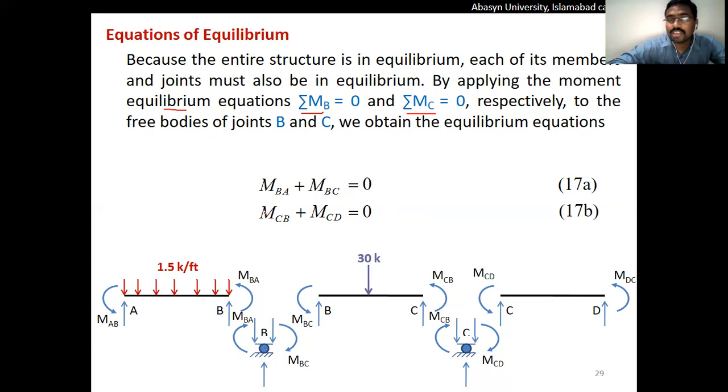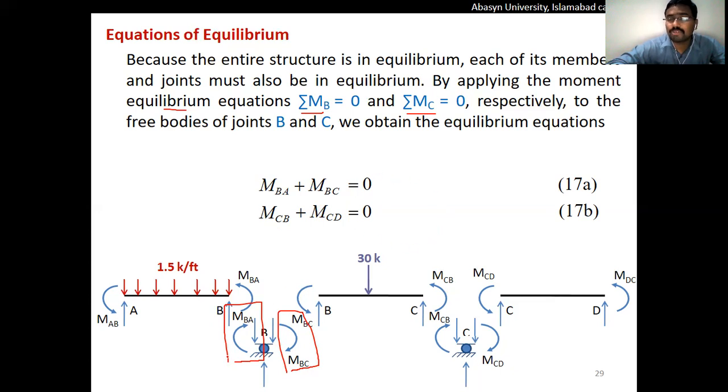So if we write the equation of equilibrium at point B, it will be MBA, the moment acting at support B due to span AB, plus MBC, the moment acting at support B due to loading in span BC, equal to 0.